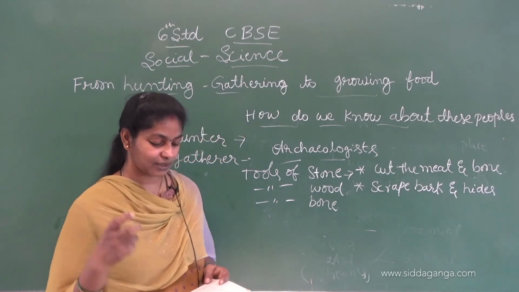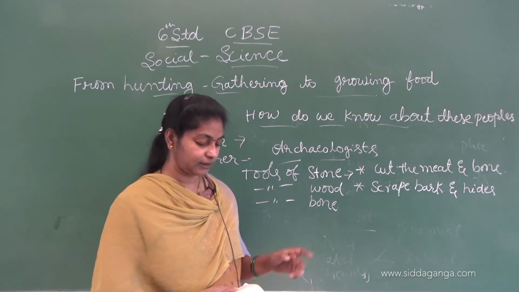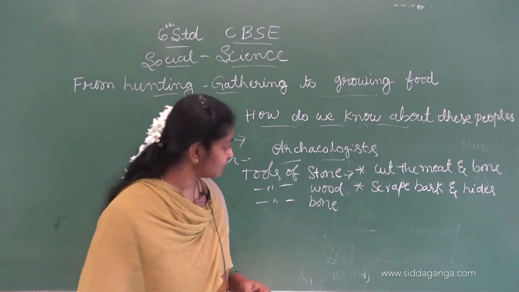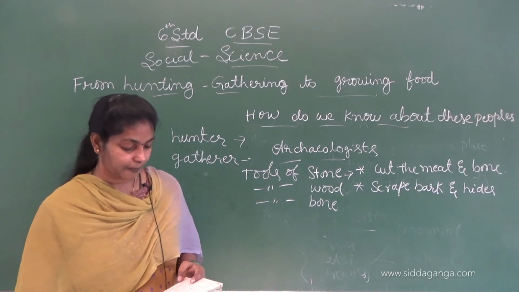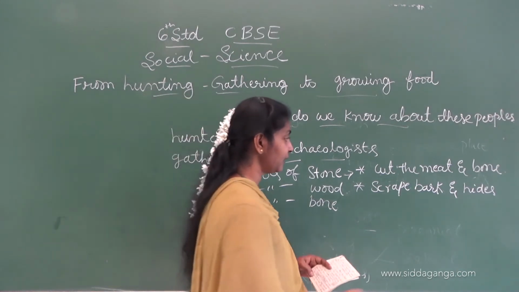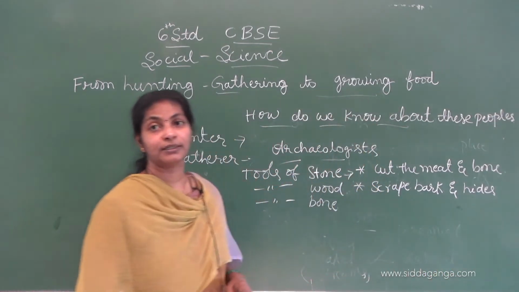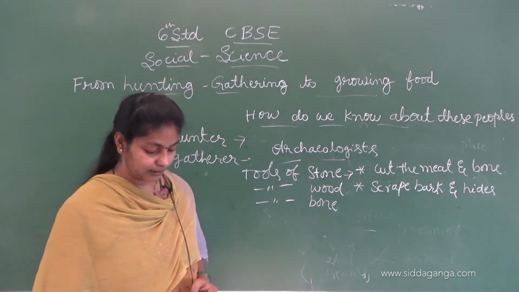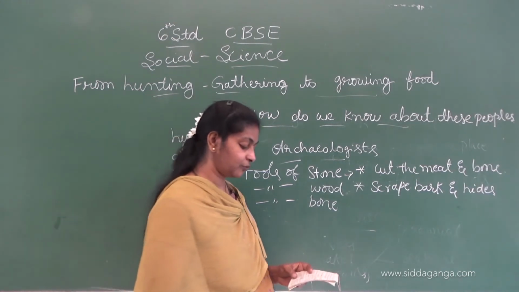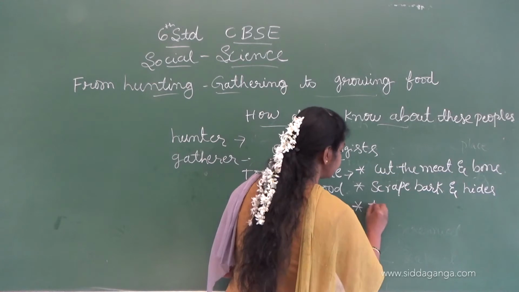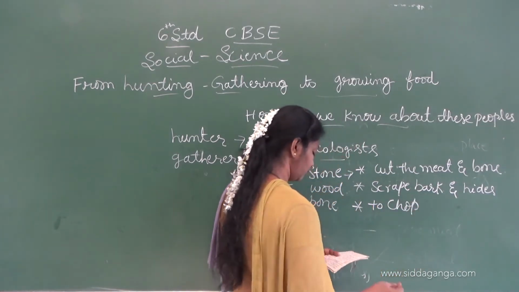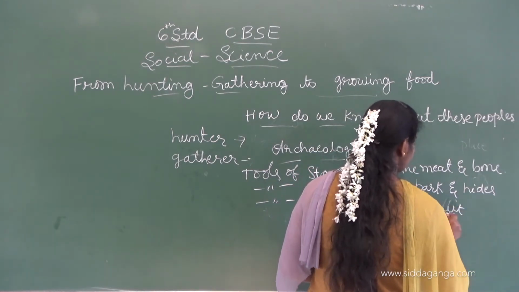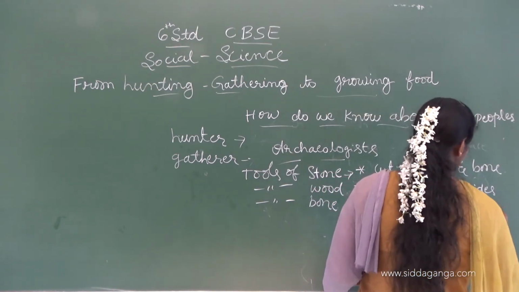To separate the bark of trees, they used these stone tools. And also they used these stone tools on hides. Hide means the animal skin.